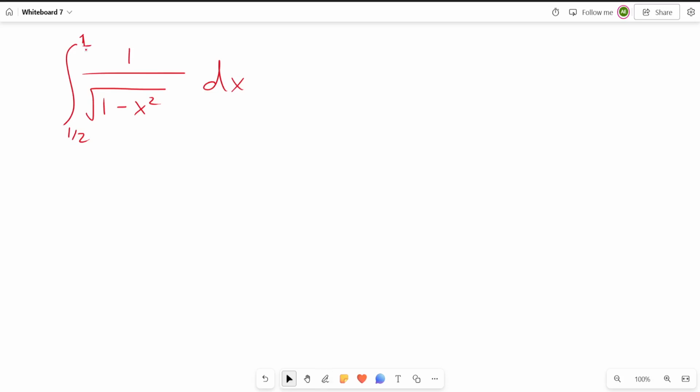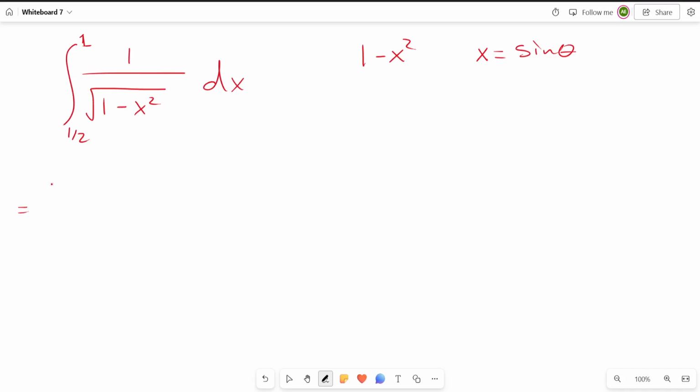At first glance, you can see that you have a 1 minus x squared, and you know that our trigonometric substitution, which I will leave a link to on the top right hand corner, is a super important video. Whenever I see a 1 minus x squared, I can think about this substitution: x equals sine theta. So over here, I can solve this using trigonometric substitution.